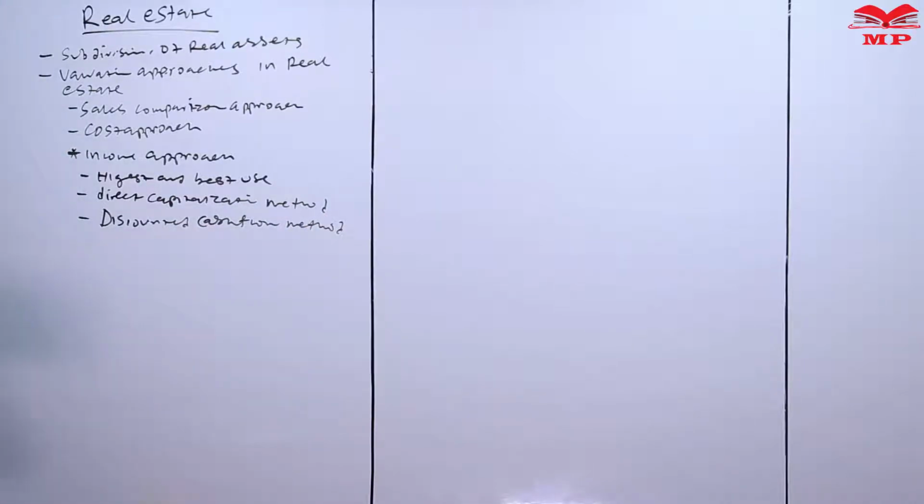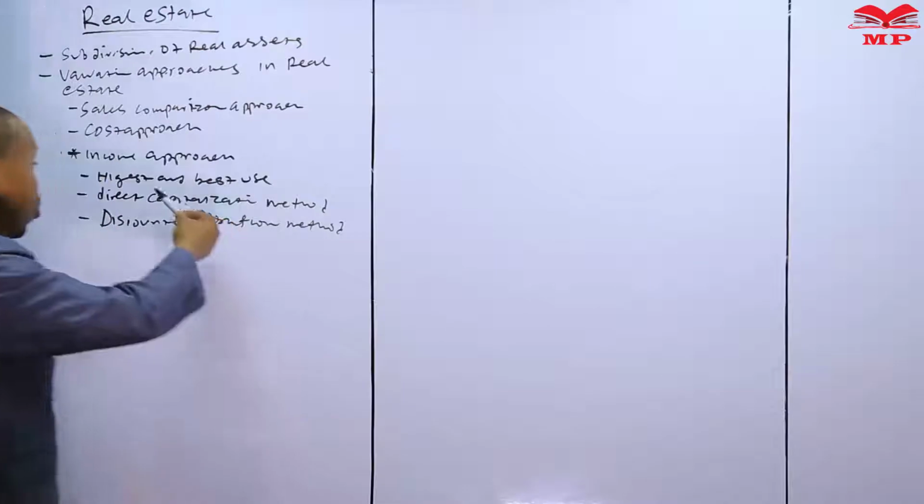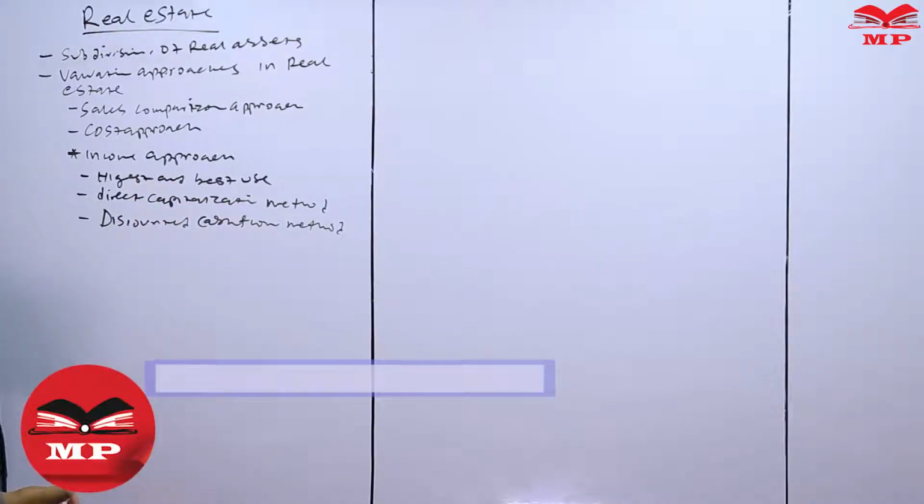We'll give a brief description of what the income approach involves, then look at the highest and best use, then the direct capitalization method, and conclude with the discounted cash flow method of valuing real estate.